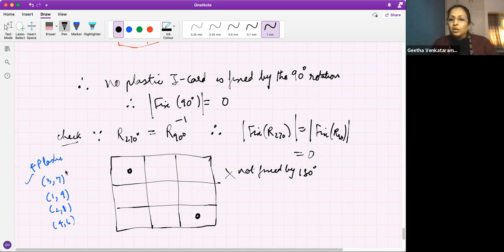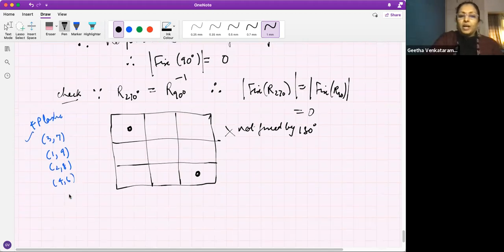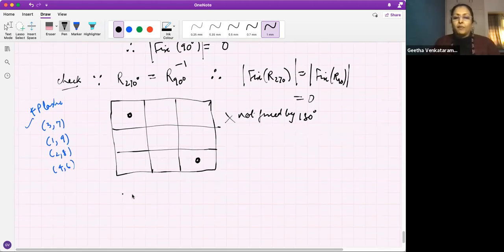So these are the only 4 things that are possible and are fixed by the 180-degree rotation. So the fix of the 180-degree rotation has order 4. Okay.